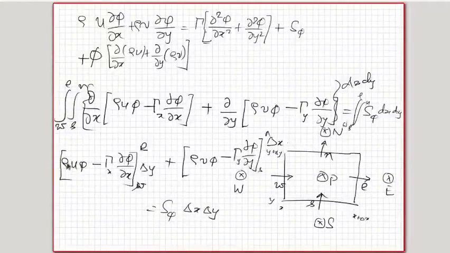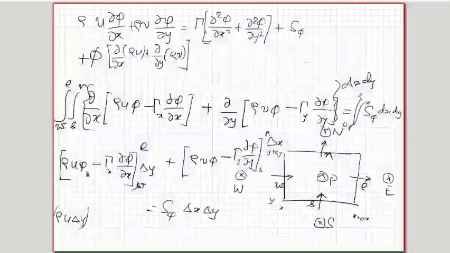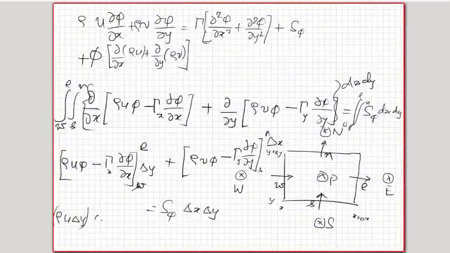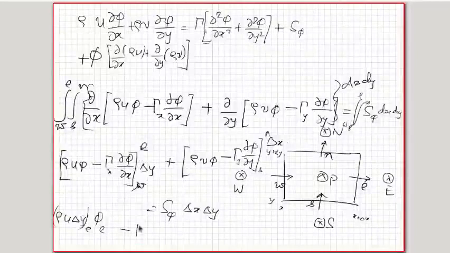Now if I take this in, I'll get a rho u delta y multiplied by phi, the whole thing at east, minus similarly gamma east into del phi by del x. I can write del phi by del x at east as phi at capital E minus phi at capital P divided by this.